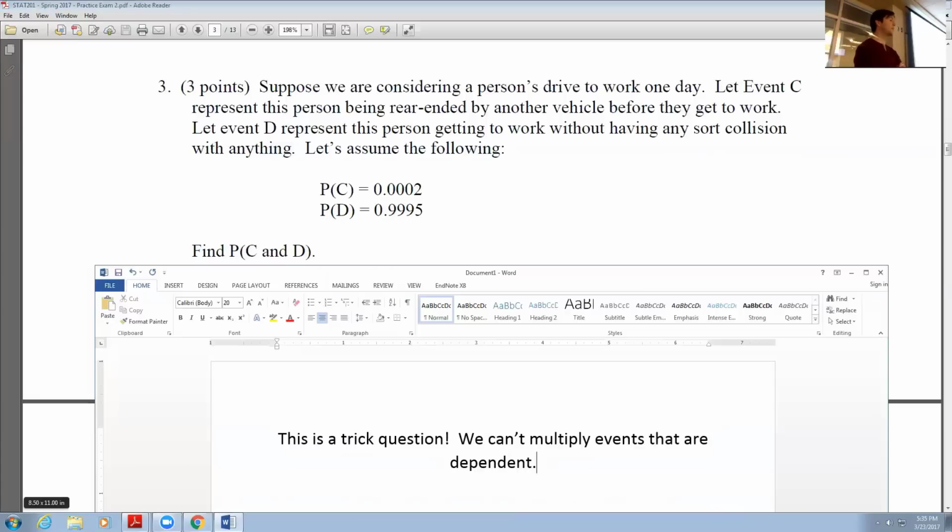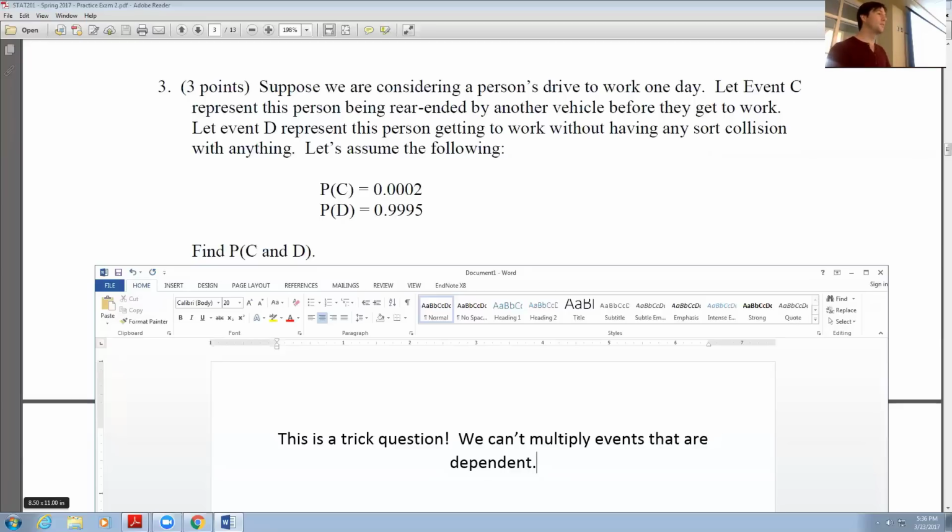When we gave this question on the test, there was a bunch of people going, what? Because they see C and D, and they want to multiply. But every time you do the probability of C and D, what must you check? The two events are independent. You must check. I know this caught so many people off guard. This is the big one. People said, no, you shouldn't put trick questions on there. It's a little tricky, but that's why we put it on there.